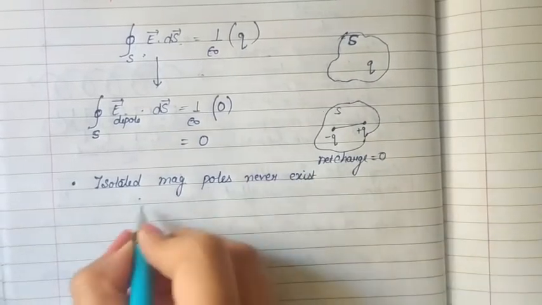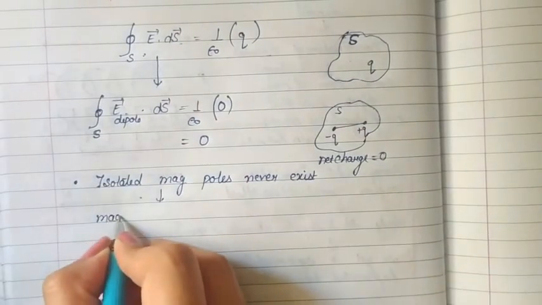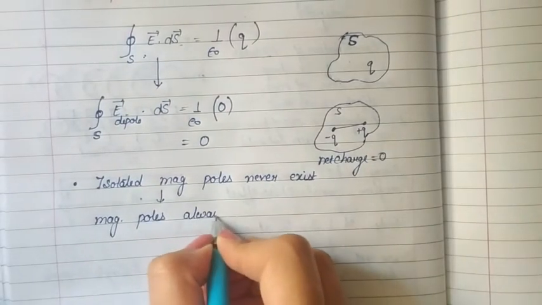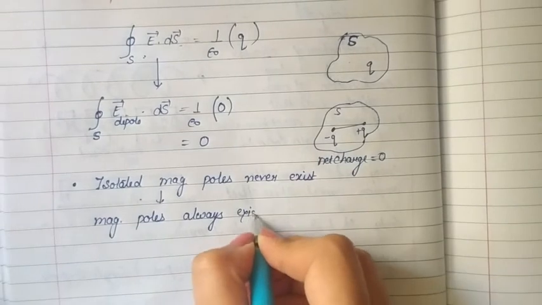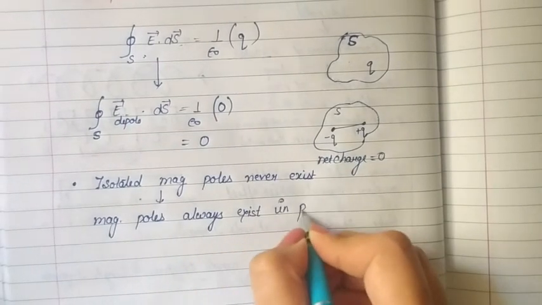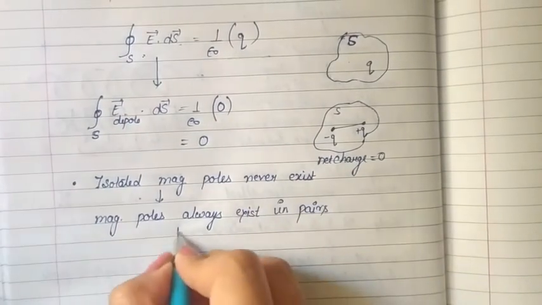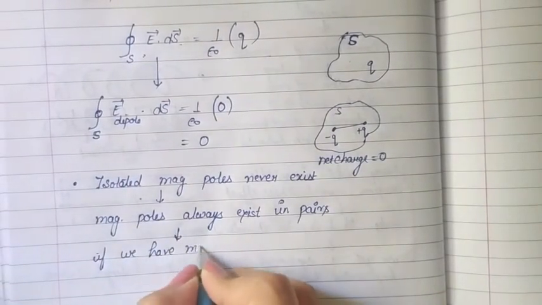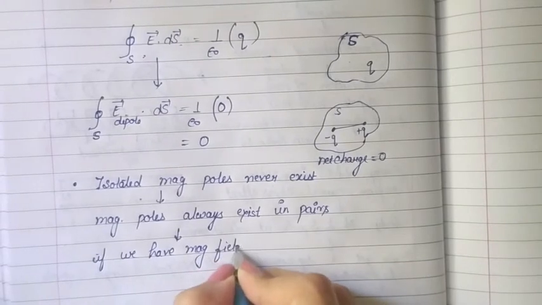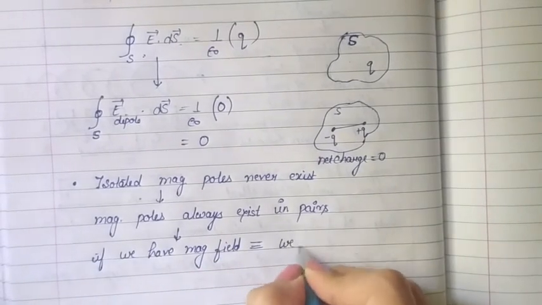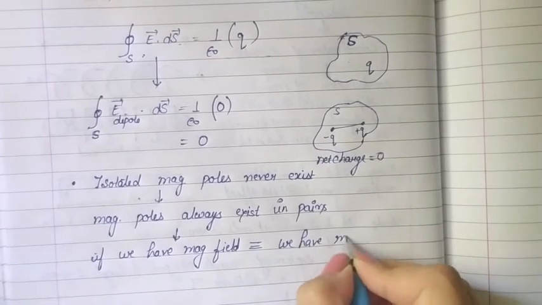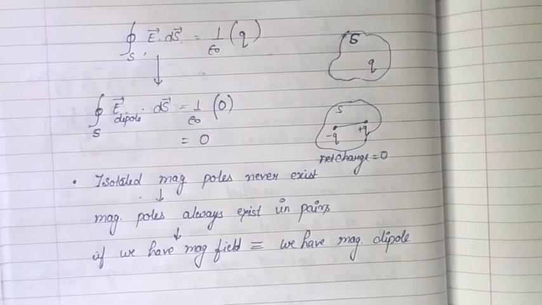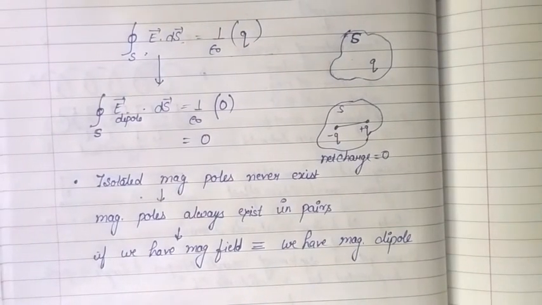This shows that magnetic poles always exist in pairs. That means if we have a magnetic field, this means that we have a magnetic dipole. Without a magnetic dipole, a magnetic field can't exist, because a single magnetic pole never exists.